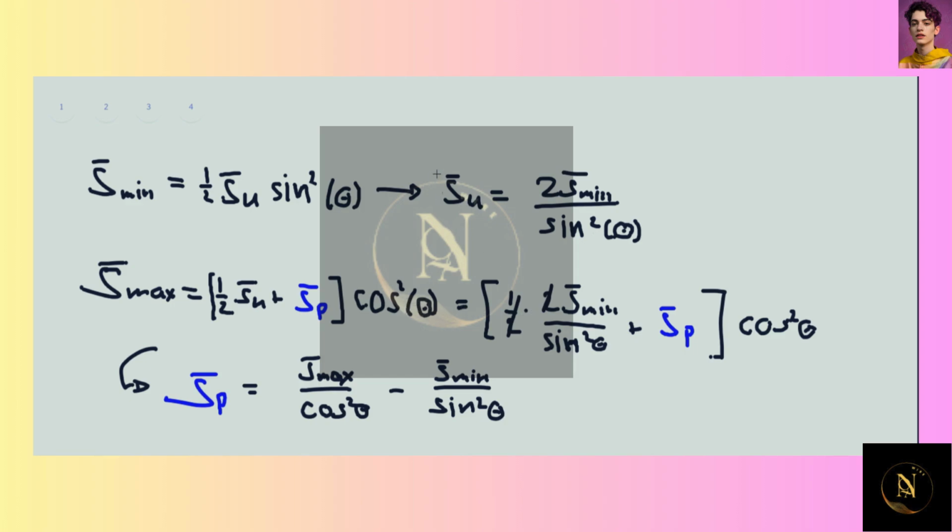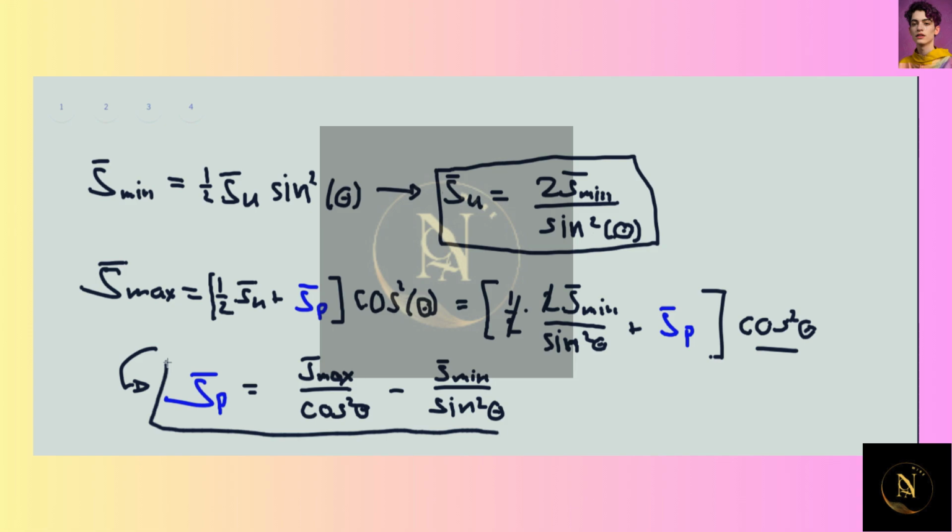So plugging in the solution from here for S bar U in the second equation, we end up with S bar max being equal to S bar min over sine squared theta plus S bar P, all multiplied by cosine squared theta. And now we divide by cosine squared theta to get S bar max over cosine squared theta. And so rearranging for S bar P, we just subtract from both sides S bar min over sine squared theta, and we end up with S bar P being equal to this value over here.